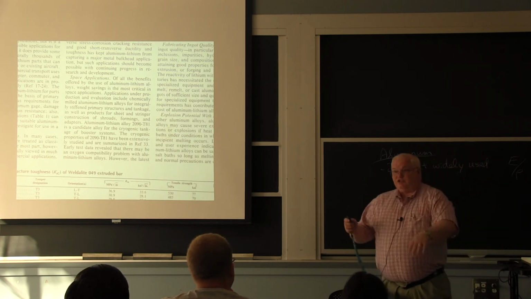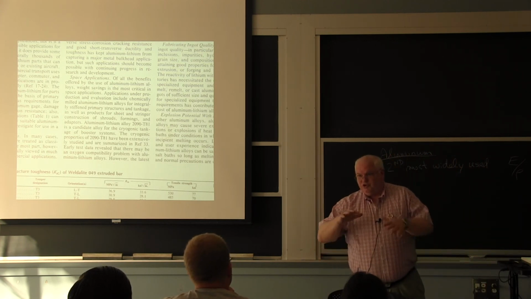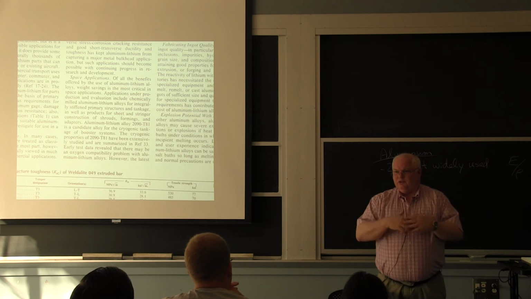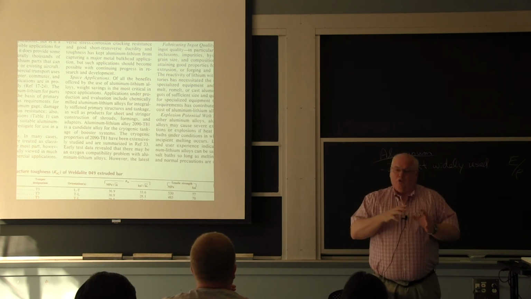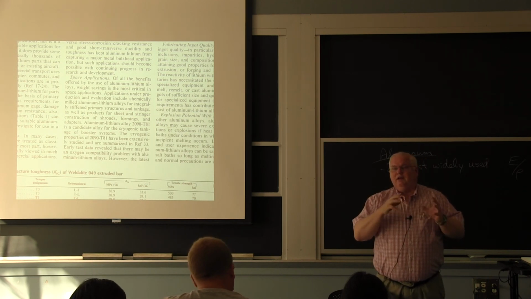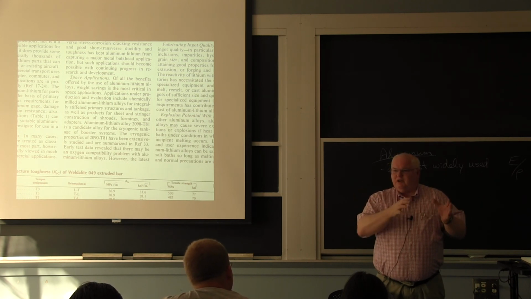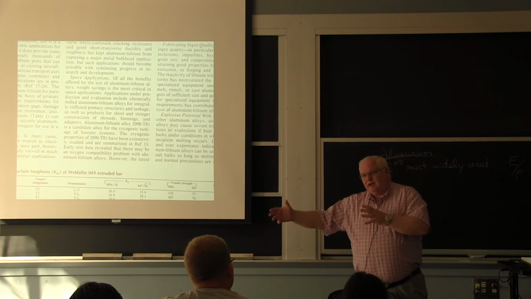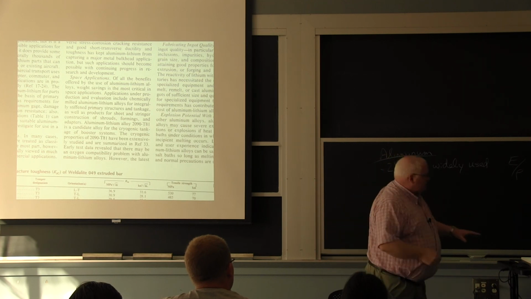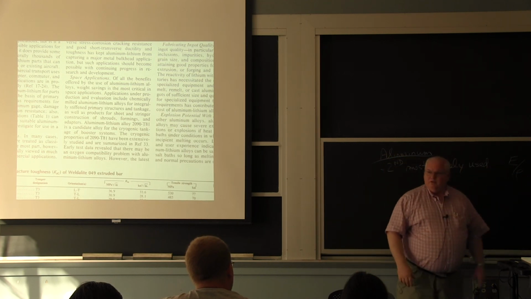In the 7000 series, you can get those types of strengths too, but you don't have the good E over rho that you get from aluminum lithium. So what's supplanted the 7000 series in 70-75 was better 7000 series, and now it's better 8000 series, mostly because of this aluminum lithium E over rho.